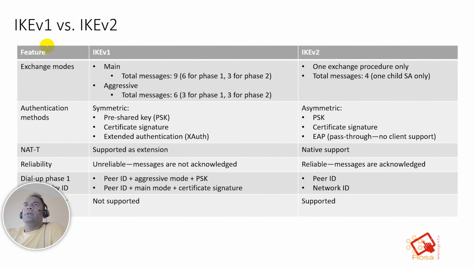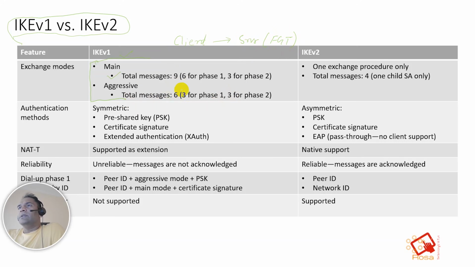When we talk about IKE version 1 and IKE version 2, as I mentioned, there are two versions. So what are the main differences? IKE V1 has two modes, main mode and aggressive mode. Main mode is where a total of 9 messages are exchanged between the client and the server, the server being the VPN concentrator or the VPN provider device.